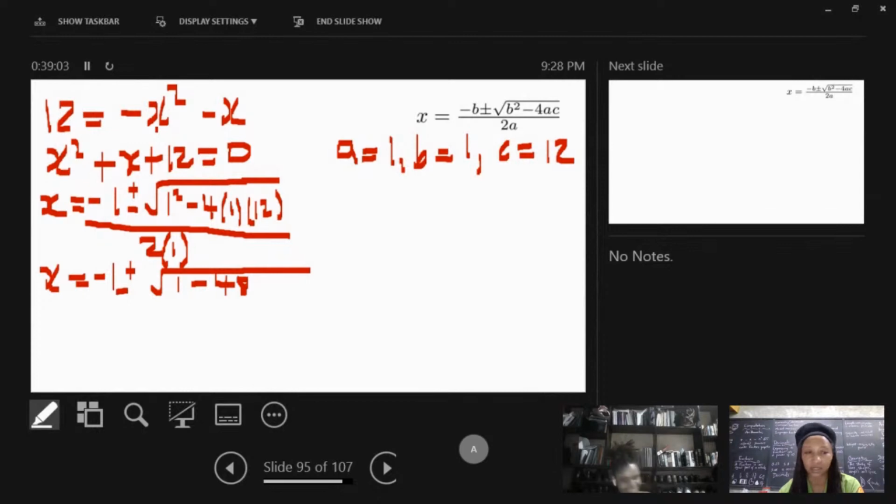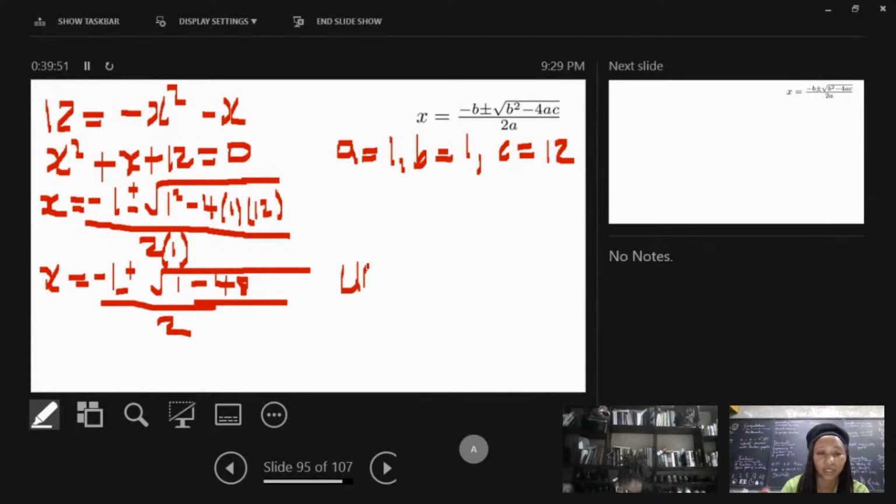So we have to leave this one here because it's going to give us a negative number under the square root, which we cannot have.